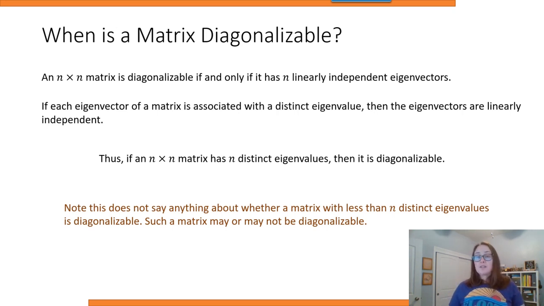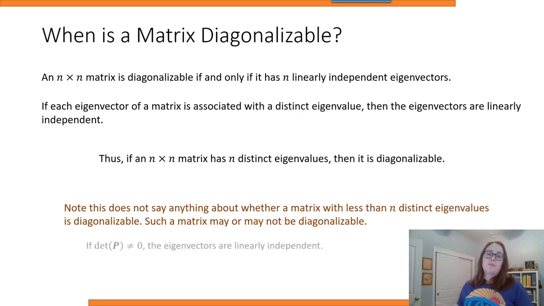If I have fewer, so maybe I get a repeated root from the characteristic equation, then it may or may not be a diagonalizable matrix, and I'd have to go back to proving that the eigenvectors I get are in fact linearly independent. And one way we can do that is by taking the determinant of P and making sure it's not equal to 0. Again, this is a fact coming back from matrices that we're tying into this concept of eigenvectors. Okay, so there's two ways I can figure out whether a matrix is diagonalizable based on its eigenvalues and eigenvectors.